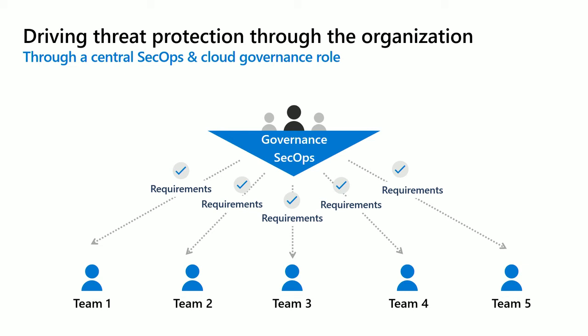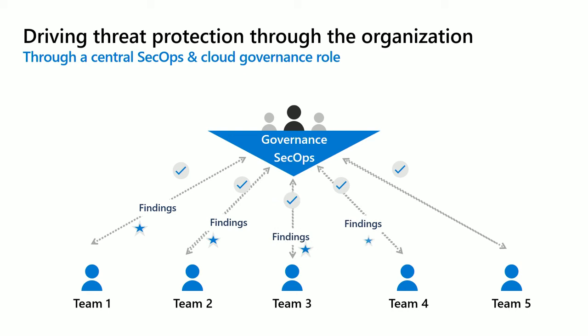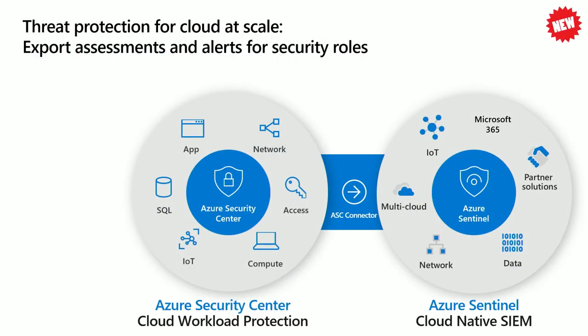One of the requirements should obviously be run ASC, run the ATP products, and then you want to collect back the findings into your centralized SecOps team so they can monitor the environments and alert you when, investigate when something happens. The different teams are the different DevOps teams, the application owners, because they own the infrastructure in many cases.